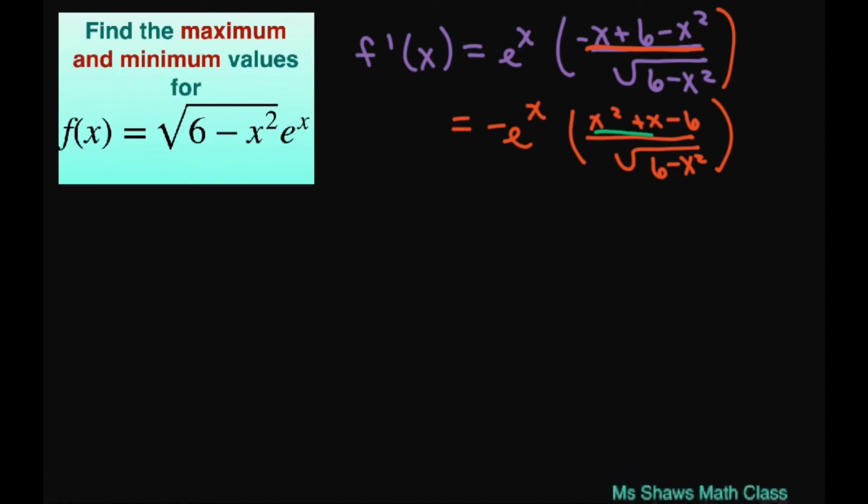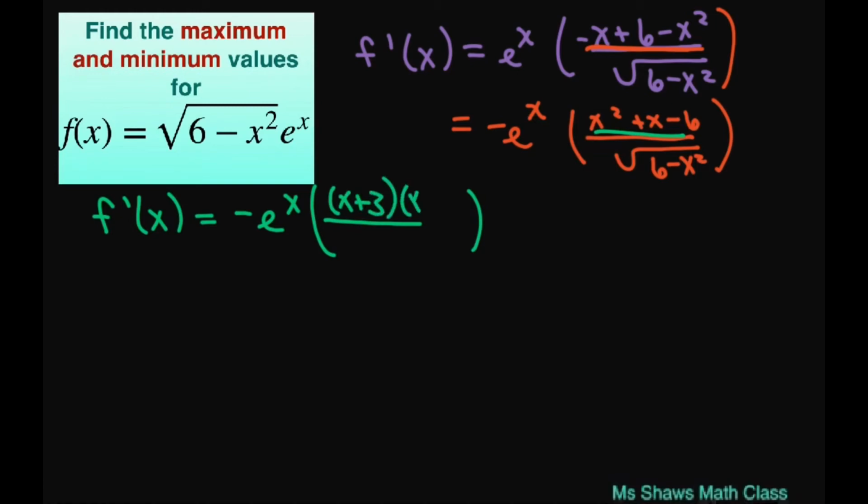Oh, we got to factor that. All right. So now we're going to get f prime of x equals negative e to the power of x, and I'm just going to factor the numerator. So that's going to be x plus 3 times x minus 2, divided by square root of 6 minus x squared.